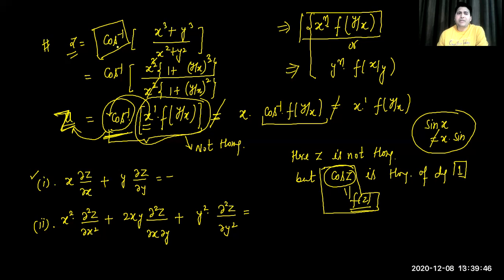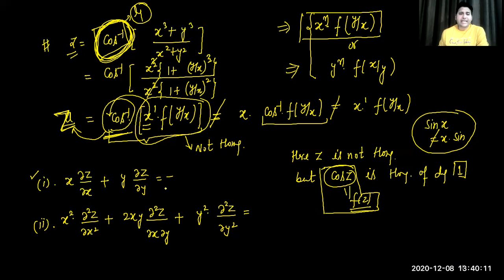Suppose it is log, then f(z) will be e power z. It means we should take the anti-function of this function. Then we can apply the deduction formula and we'll get the result.